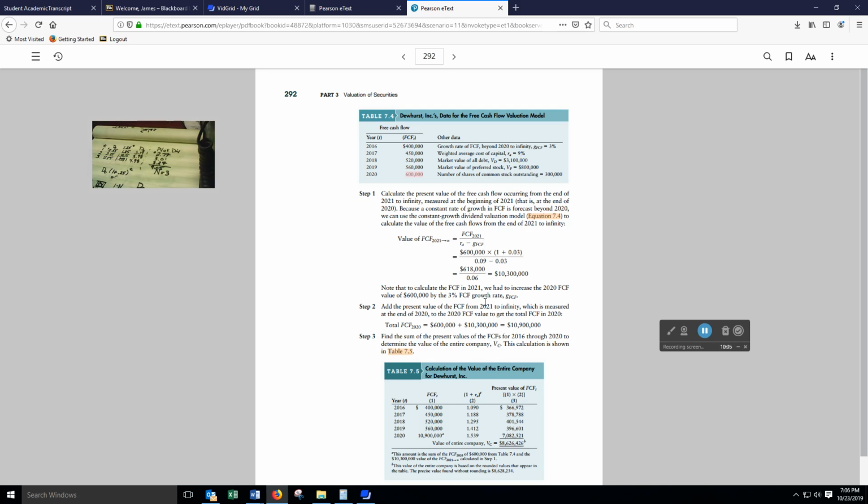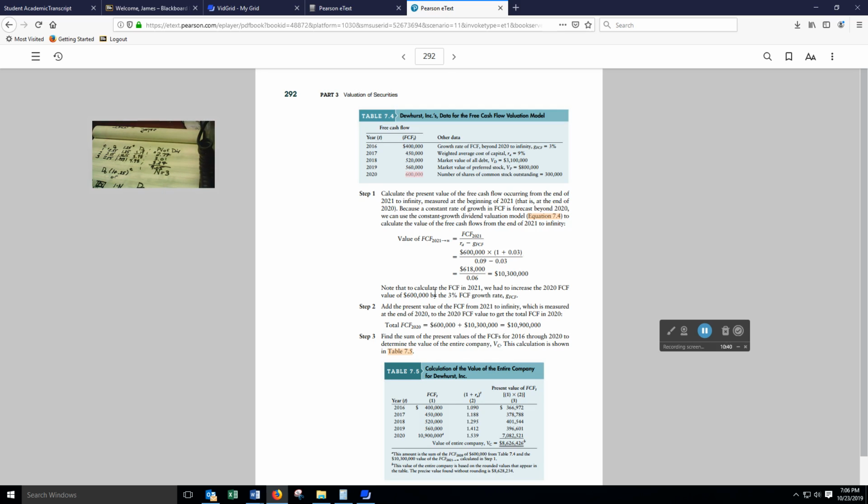So this gives us $618,000. That is the free cash flows in the year 2021. And we divide it by 0.06 or 6%. And that gives us a value in 2021 of those cash flows at $10,300,000. Now, that is the value in the year 2021, but we're in 2015.